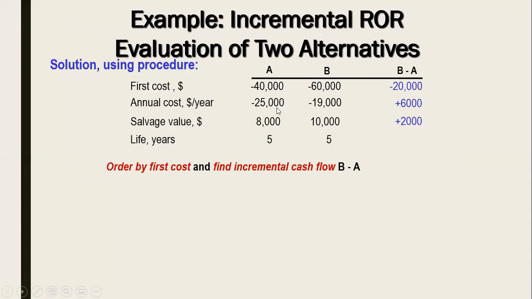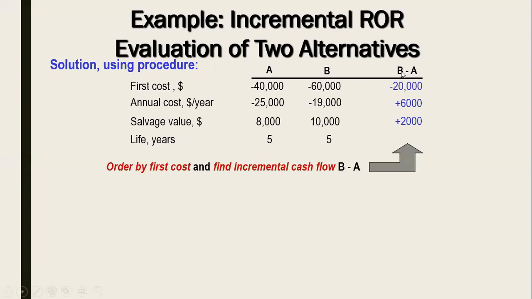In terms of annual cost, A is 25,000, B is 19,000. That means we can save 6,000 per year if we opt for project B rather than A. Salvage value of A is 8,000 and B is 10,000. The difference is 2,000, meaning we can have an additional 2,000 in salvage value at the end of the life of project B. So these are our incremental cash flows, B minus A.